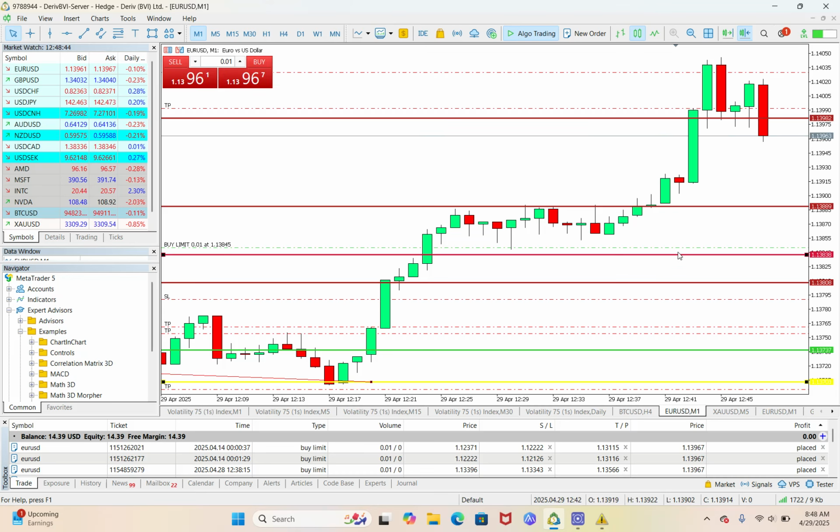You have to be able to quantify the area where buyers are in control of the market and sellers are in control of the market. That will give you a high probability that when the market returns, it will give you a push to the upside or downside. So it's all about probability, doing the same thing over and over, win or lose.